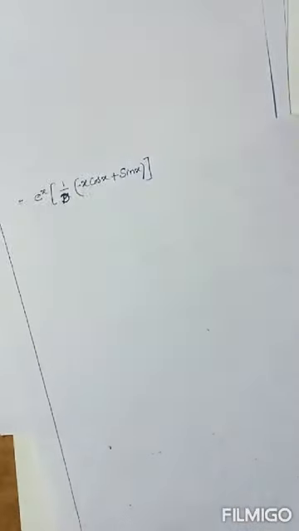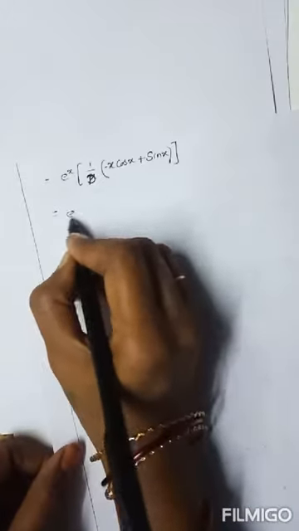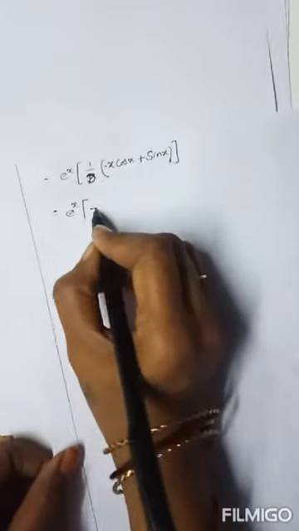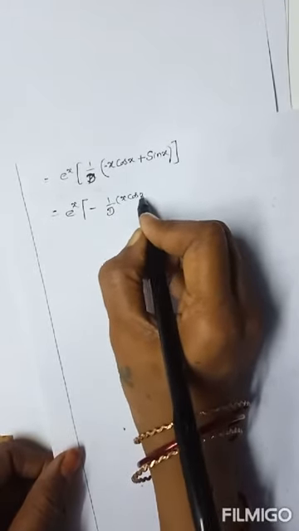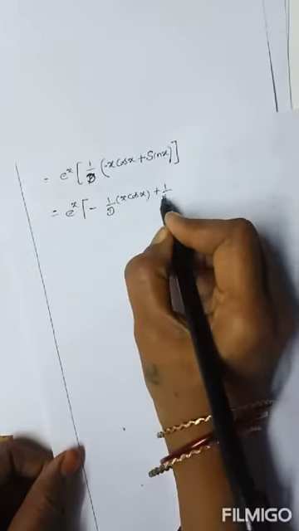Again 1 by d is there, so apply 1 by d to each and every term. E power x minus 1 by d of the first term plus 1 by d of the second term.